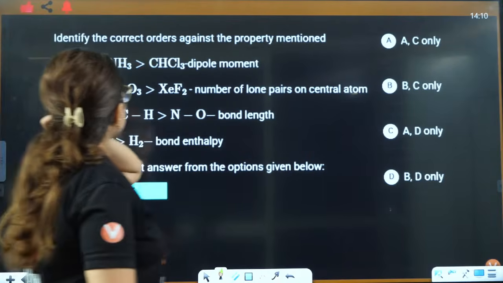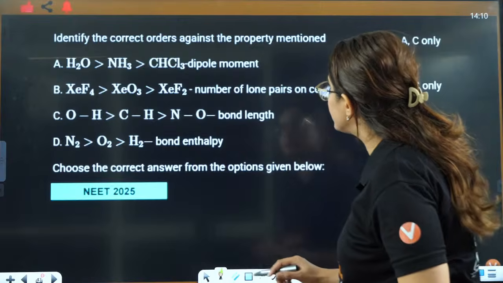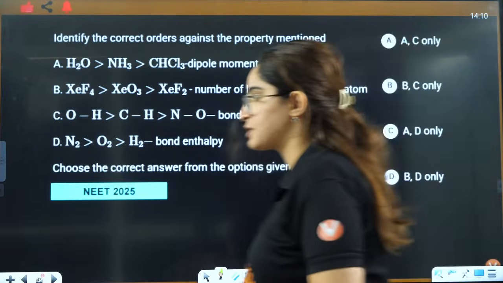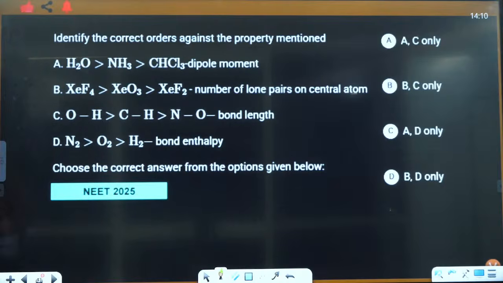The question says to identify the correct order of the property that is mentioned here, right? Let's talk about this correct order of property that is being mentioned. See, dipole moment.